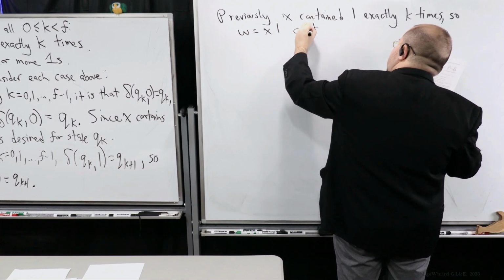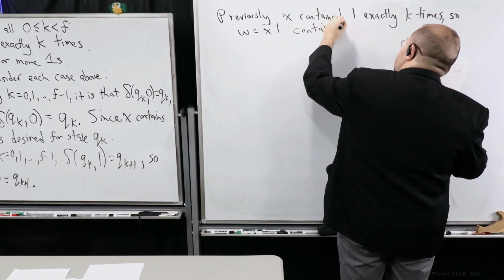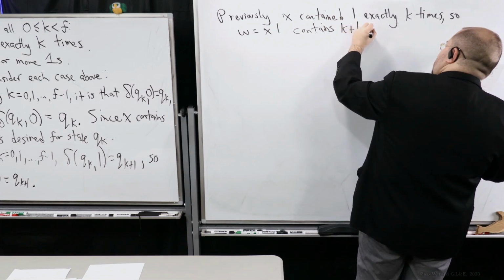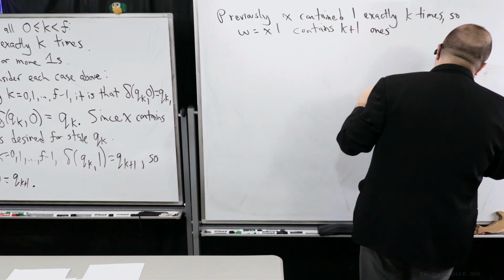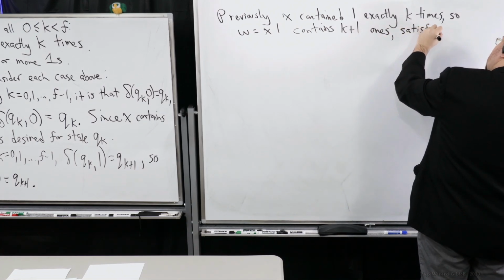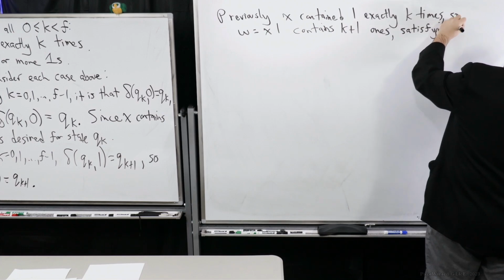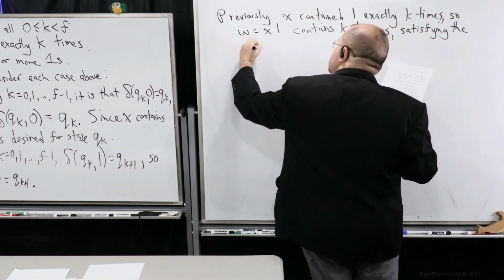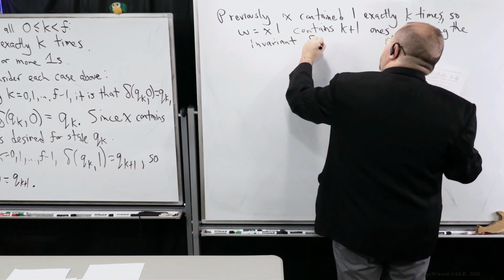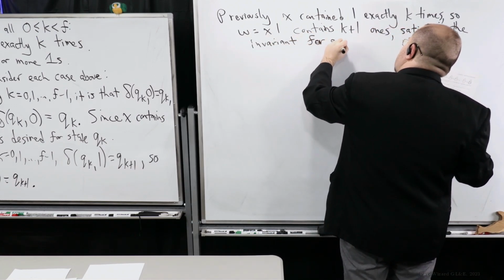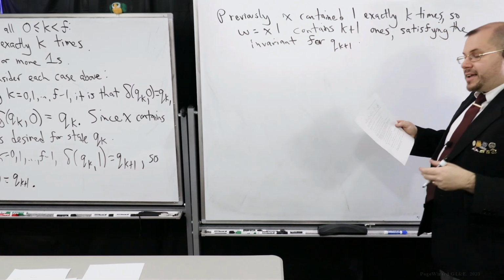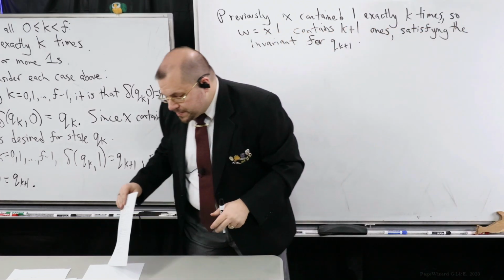It contains k plus 1 ones, satisfying the invariant for qk plus 1. Right? So that concludes the second case, and we have one last case to go.